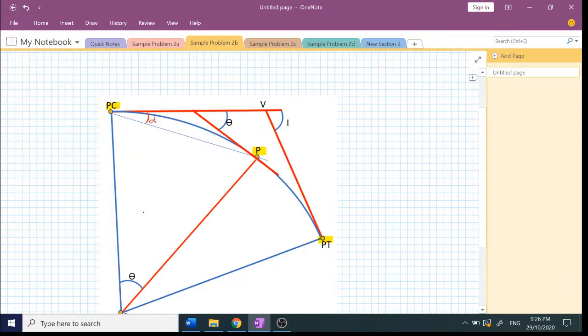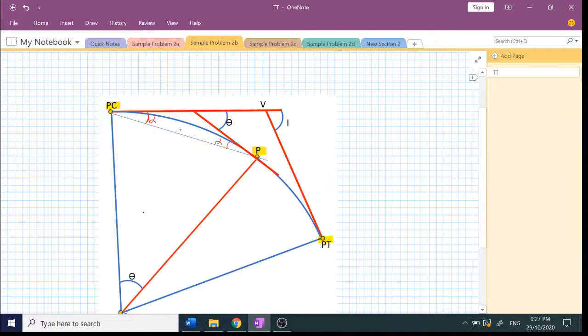And so we would expect that this angle will also be equal to alpha. Kasi kung ito'y tangent sa curvature, then we shall be forming an isosceles triangle so that this angle alpha will be equal to that angle alpha.